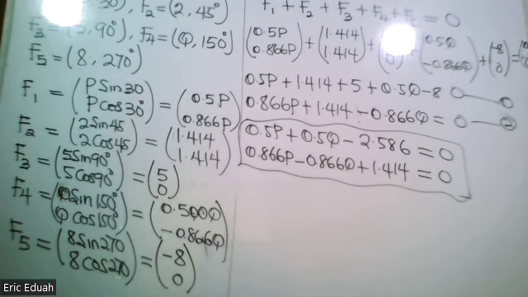When you add 5 and 1.414 you have 6.414, and 6.414 minus 8 is minus 1.586.